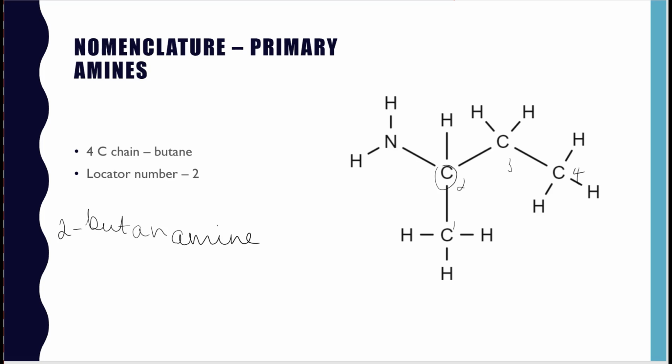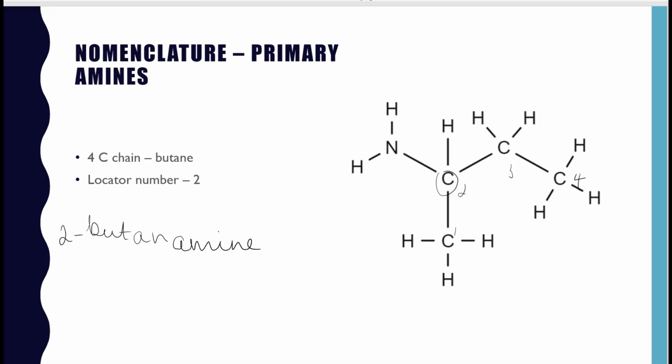But as we've already noticed in class, sometimes we find that 2 located within the name. Another and more correct way would be butan-2-amine. Now, if you go and look on the internet, you can see different ways of naming these.